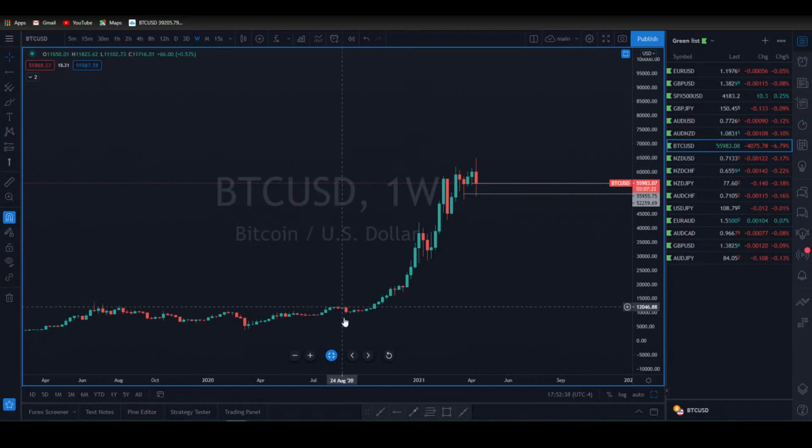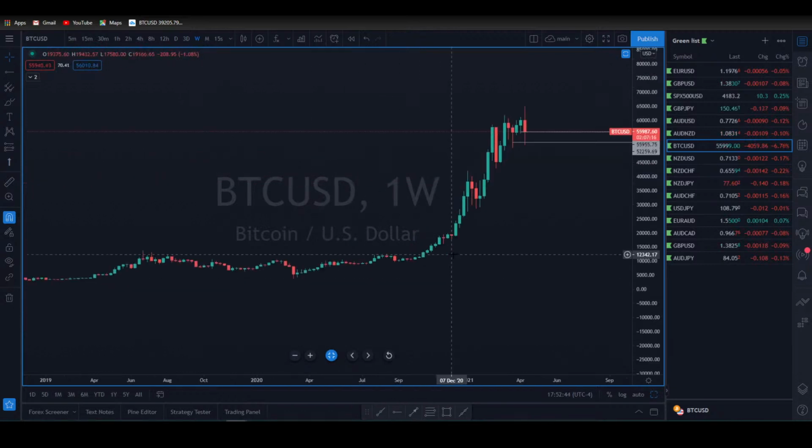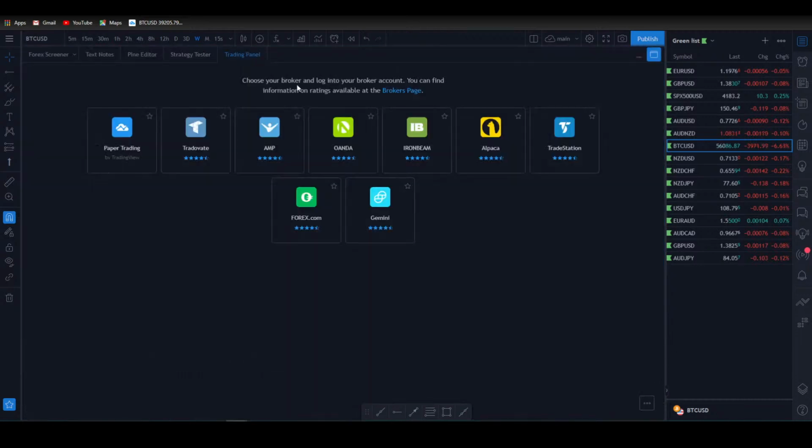When you're used to taking trades off of Oanda or Forex.com straight off of TradingView, it makes it simple. And then you go to a platform like KuCoin and you're a little bit discombobulated, to say the least. But no, I cannot take trades off of TradingView. There are several brokers: Tradovate, AMP, Iron Beam, Alpaca, TradeStation, Gemini.